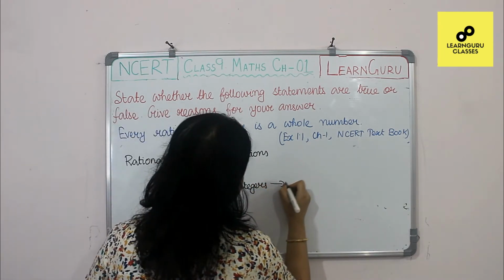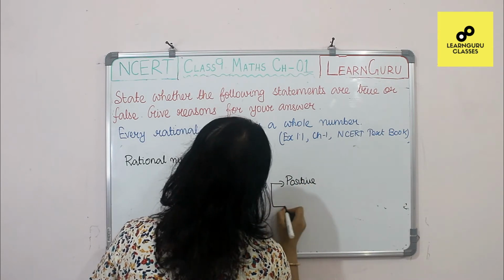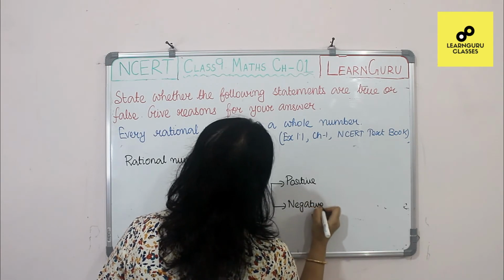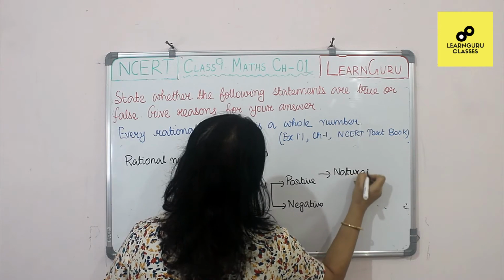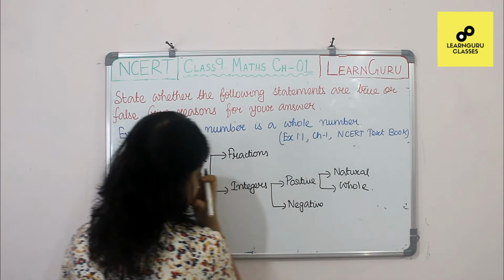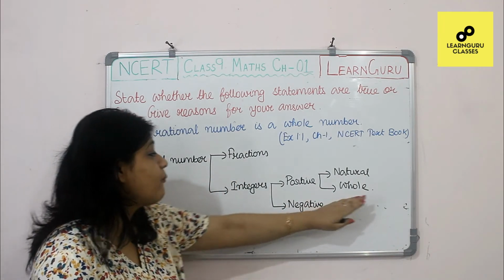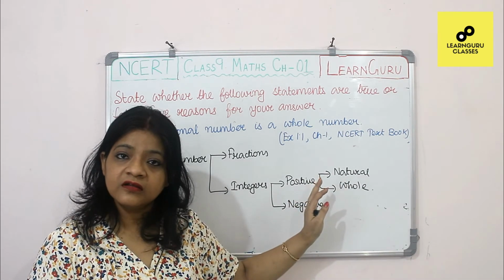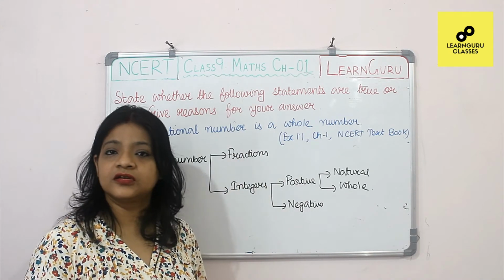Integers are again divided into positive and negative. Positive is again divided into natural number and whole number. So this classification makes it clear. See the position of whole number. Whole number is under positive integer, positive integer is under integer, and integer is under rational number.